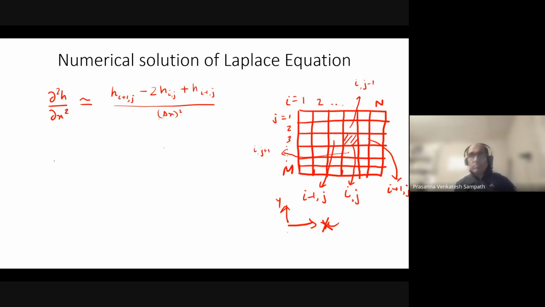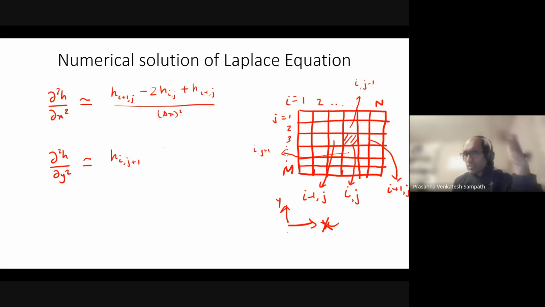So now, using the same analogy, I can write dou square h by dou y square as approximately equal to h of i comma j plus 1. What should my next value be? I am simply extending what I wrote for the x direction.